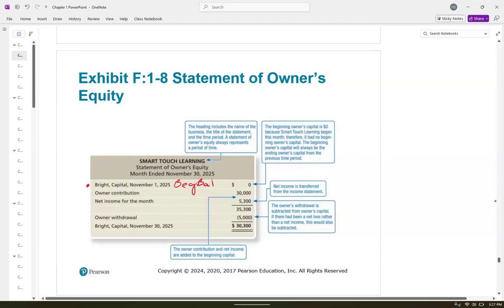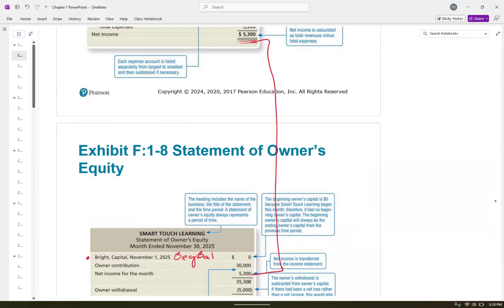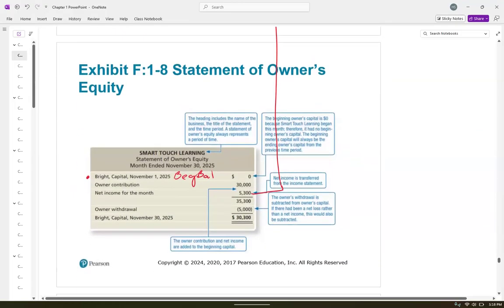So she put $30,000 in, and then from the income statement, that 5,300 came from right there. So now you see why you can't do the statement of owner's equity until you do the income statement, because that number pulls down into the statement of owner's equity. It is very, very important that those are done in order.